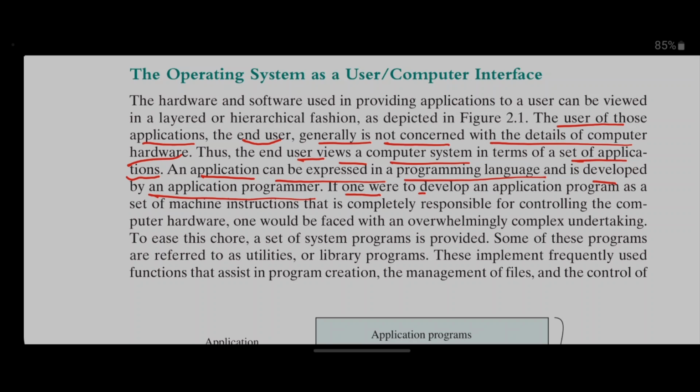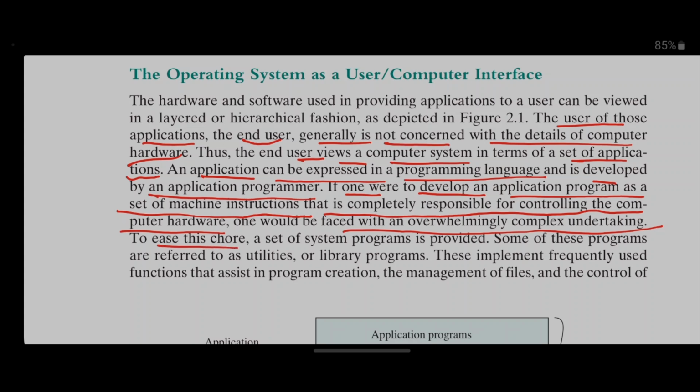If one were to develop an application program as a set of machine instructions that is completely responsible for controlling the computer hardware, one would be faced with an overwhelmingly complex undertaking. To operate hardware is very difficult. So we rely on some application programs that help us to access, operate, and manipulate hardware.